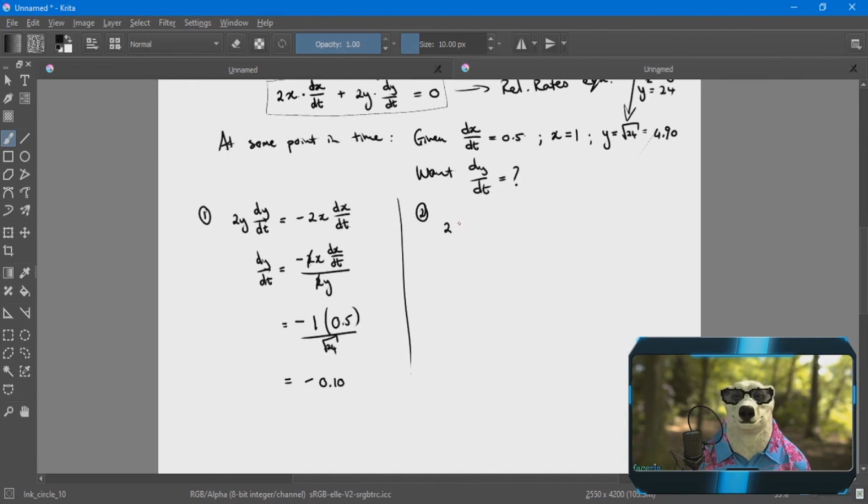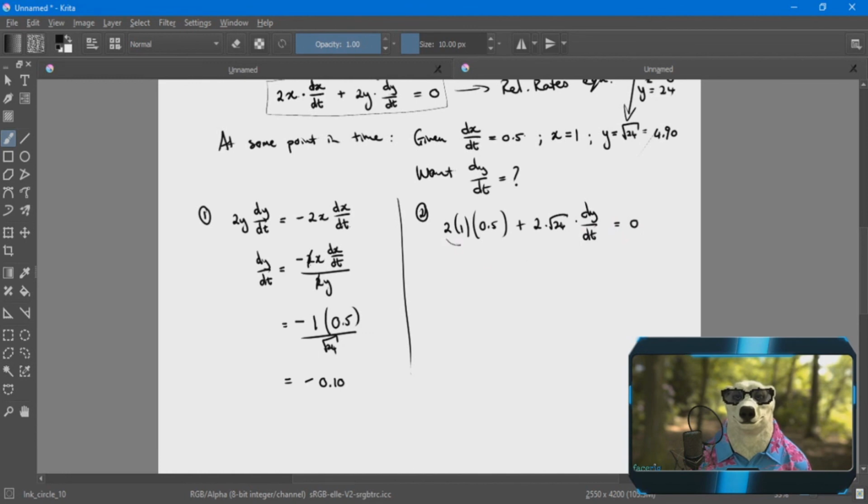I have x, which is 1 in this case. I have dx/dt, which is 0.5. I have a plus 2. y is root 24. And then I have my missing dy/dt equal to 0.